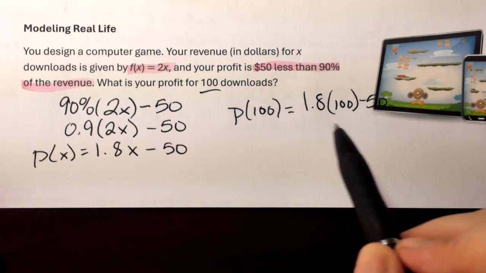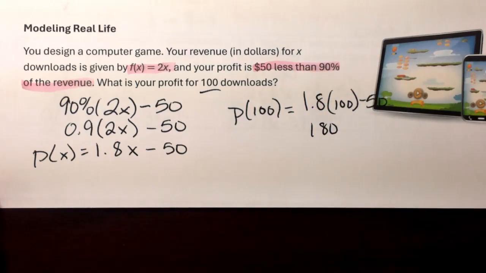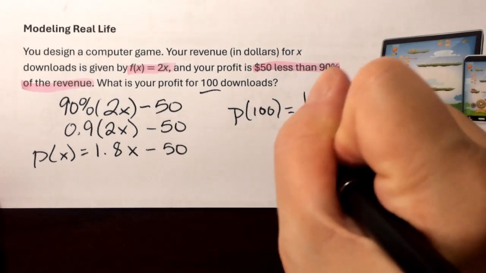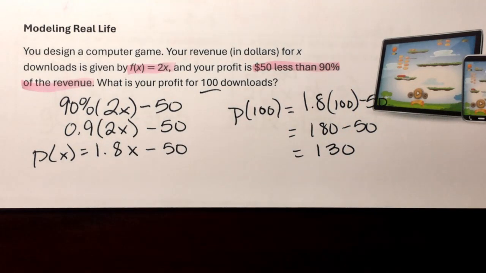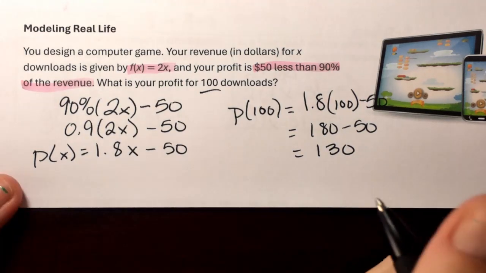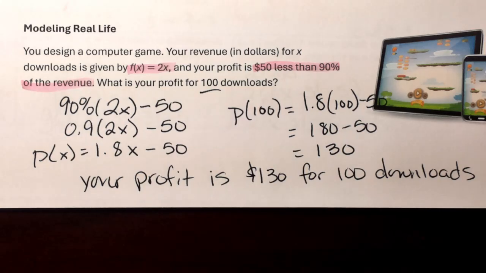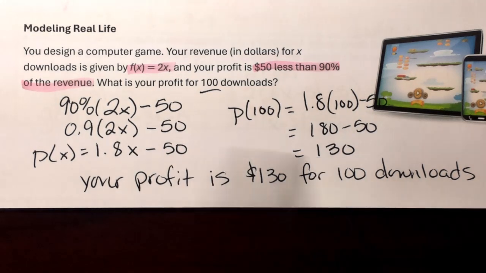So if I got 1.8 and I'm going to multiply it to 100, that is going to give me 180, right? Minus 50, which would give me 130. So my profit would be $130 for 100 downloads. Again, I know some of you could have done this in your head. That's fine. But this is what you did in your head, logically written out.